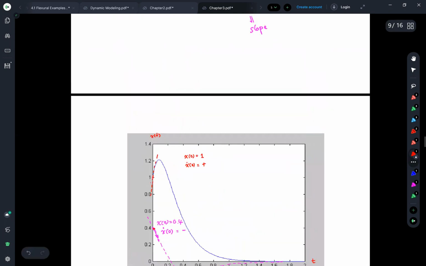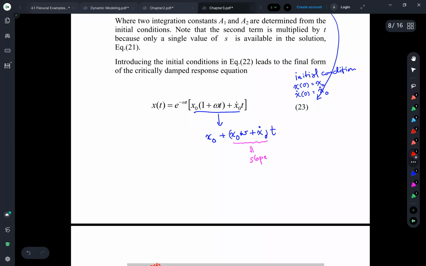Look at the mathematics. The first term, this exponential term, is always positive. But for these two terms, maybe look at here, it's better.